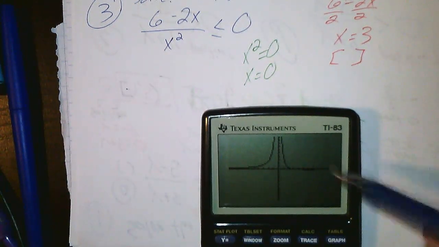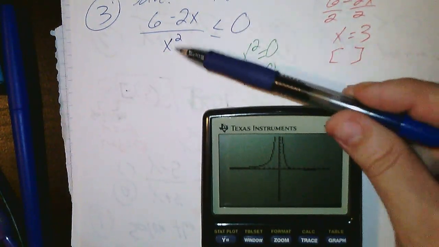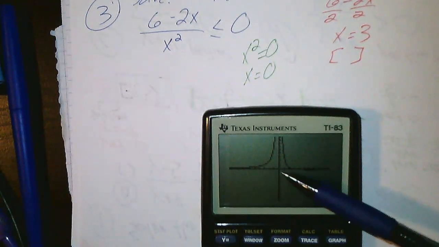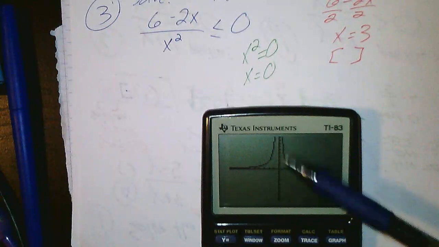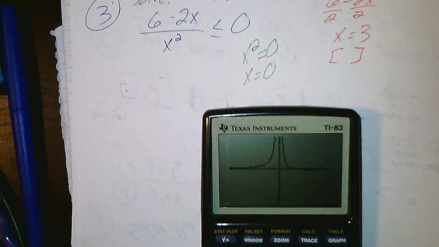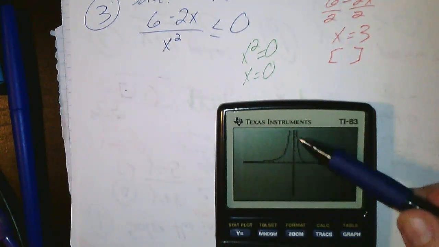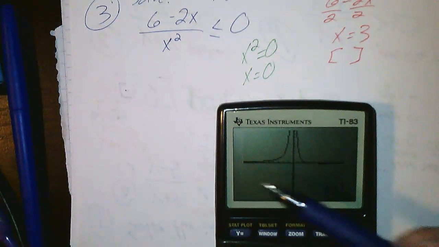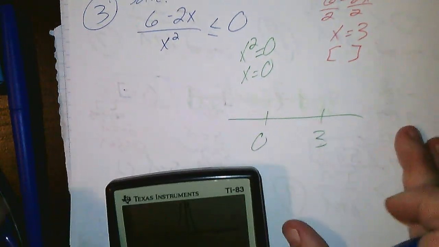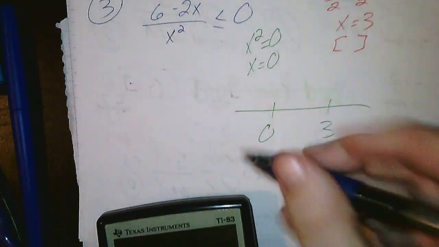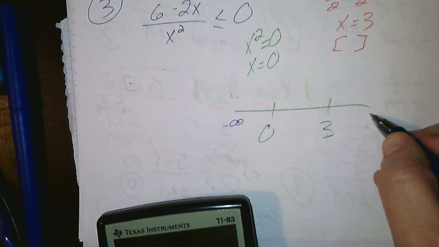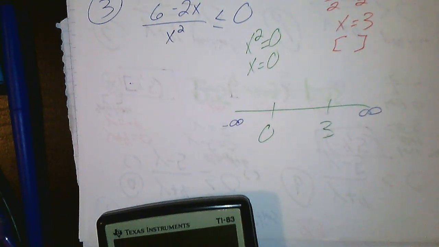So when we said x squared equals 0, we get an asymptote at 0 here. So the graph repels away basically from the y-axis. So on the number line here, from negative infinity to 0, we have 0 to 3 and 3 to infinity.